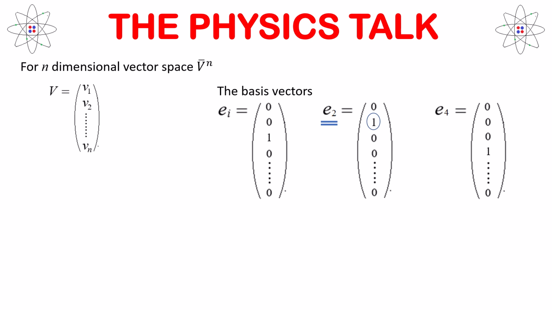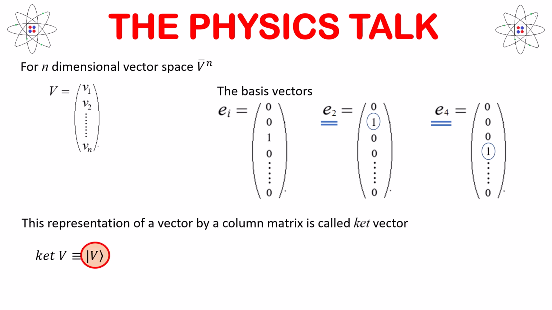Similarly, for the basis vector E4, only the fourth component will be 1 and the rest of the components are zeros. In this way, when a vector is represented as a column matrix, it is called a Ket vector, and this specific symbol is used to indicate a Ket vector. Similarly, basis vectors are also represented with Ket vectors.